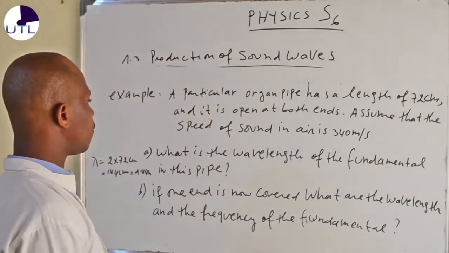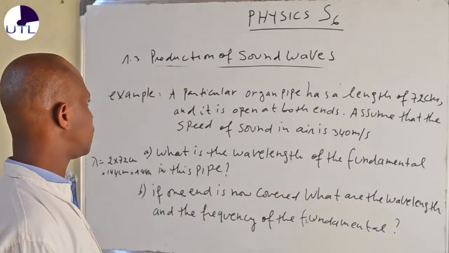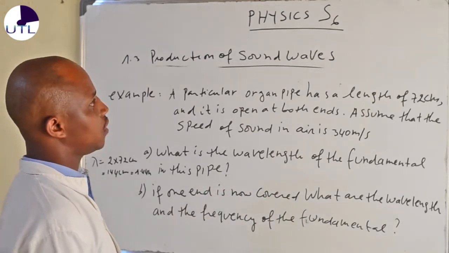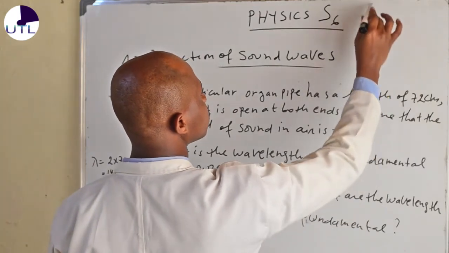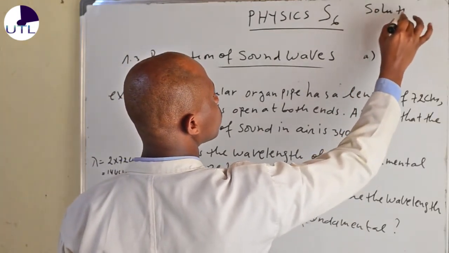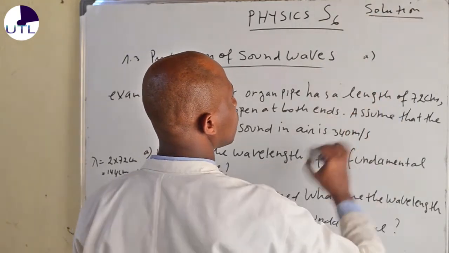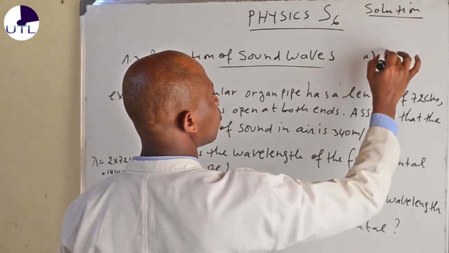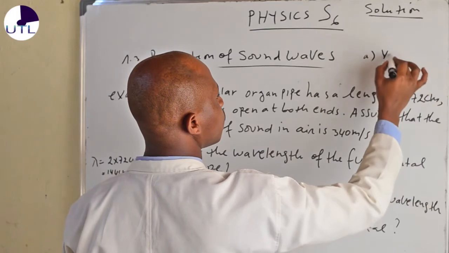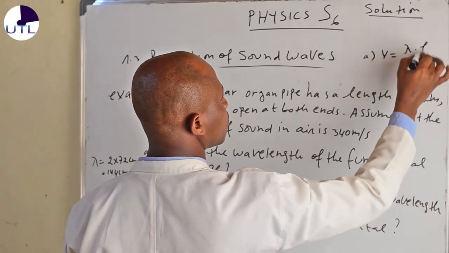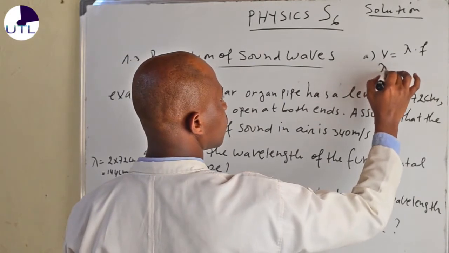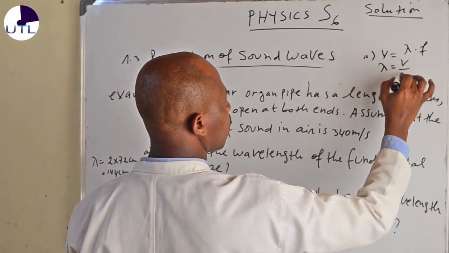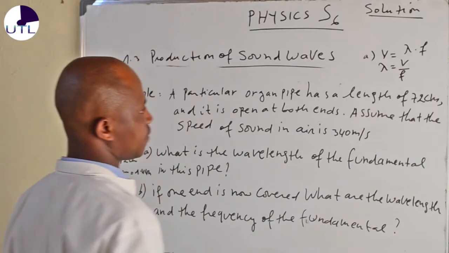Now, for this case where we have open, do you remember the wavelength for A, the wavelength for the fundamental? Let's start with V is equal to wavelength times the frequency, which means the wavelength will be equal to V over the frequency.